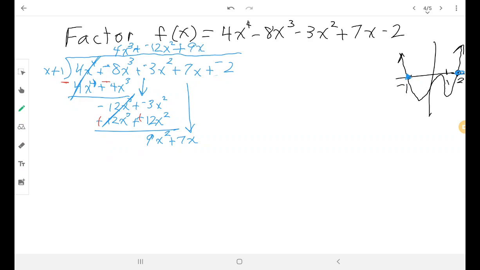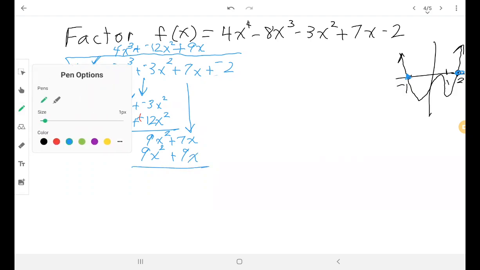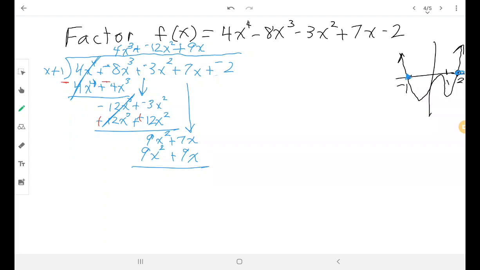So I'm going to put a 9x up here and do 9x times x is 9x squared plus 9x times 1 is 9x. I need to change the signs so that I am subtracting. Those two cancel. They better cancel. That's how I designed it. And then 7x plus negative 9x is negative 2x. And bring down the plus negative 2.